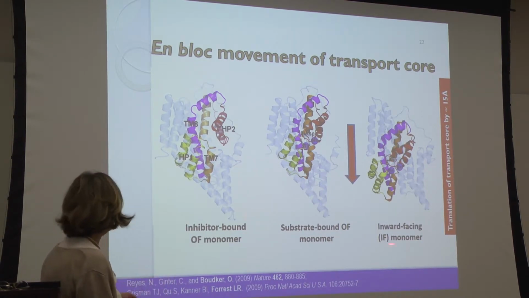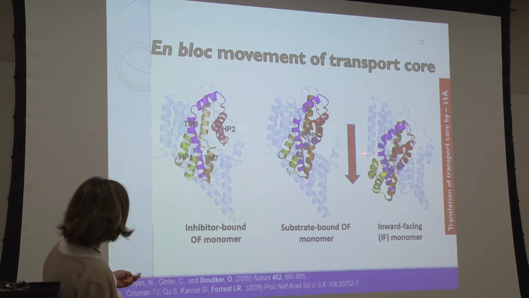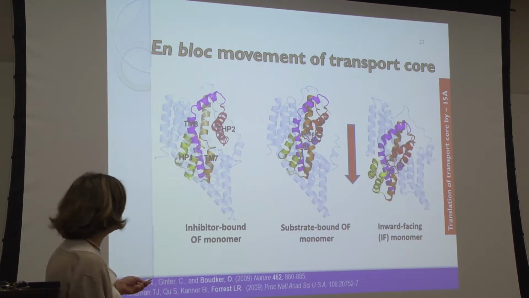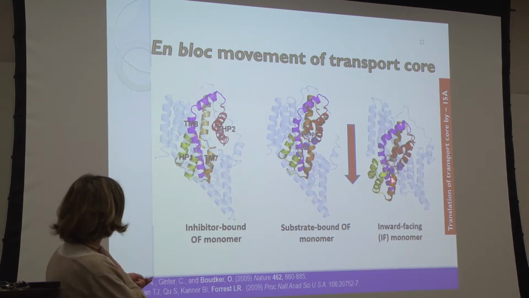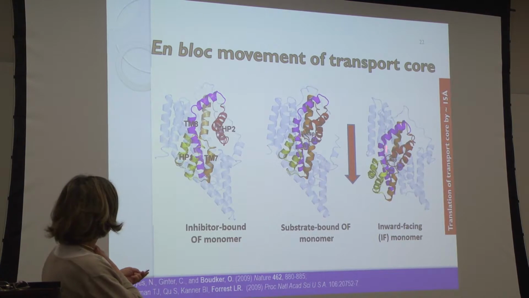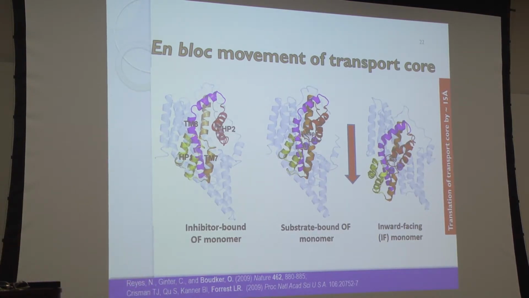But there is more than that. So that was the way they described in those original papers. But there is more than that. If you analyze carefully, it's not only the transport core, but also there is another helix here and another helix here that are also being displaced at the same time. So we have those TM3 and TM6 here, which are also displaced.